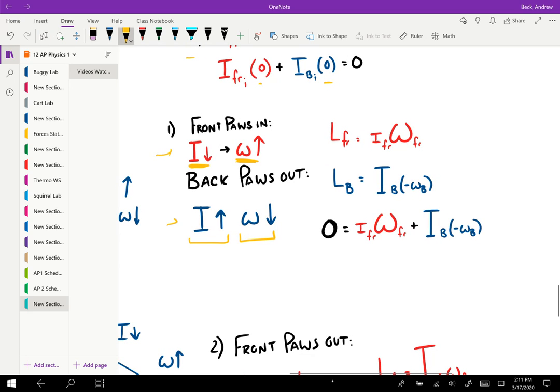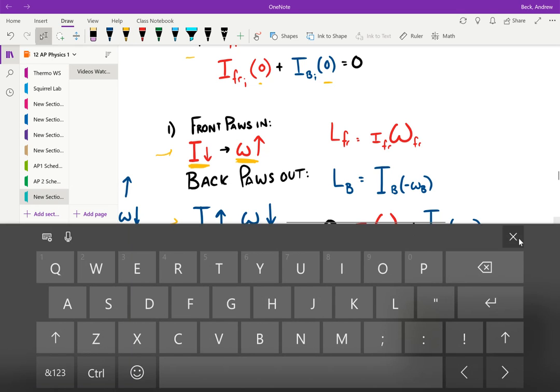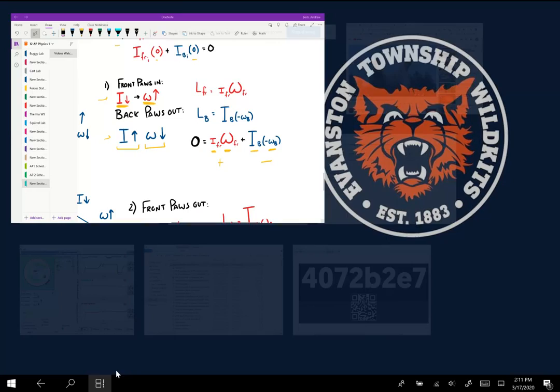In this case, we have a low rotational inertia for the front half and a large angular velocity, and then a large rotational inertia for the back half and a low angular velocity, and they're happening in opposite directions. Just like we saw before, something moving in the positive direction, something moving in the negative direction. I only have 30 seconds on this, so let me press stop really quick, and then we'll be right back to it.